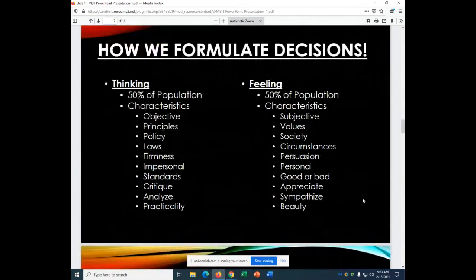Now, how do you make decisions? Now, you see some of these are split by populations. Half of our world, and this is based on America, US and Canada, half of us are really good at thinking things through, and others are really good at feeling things through.